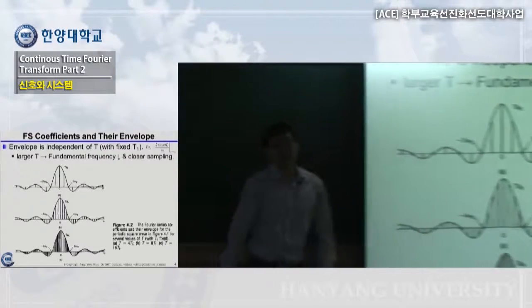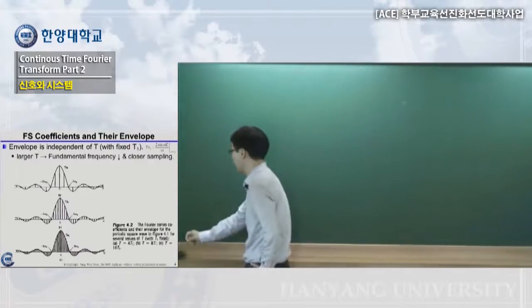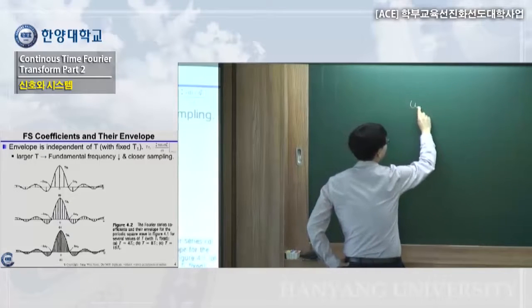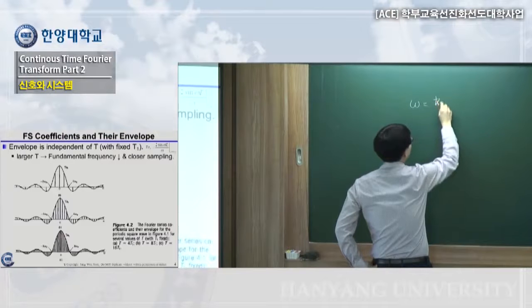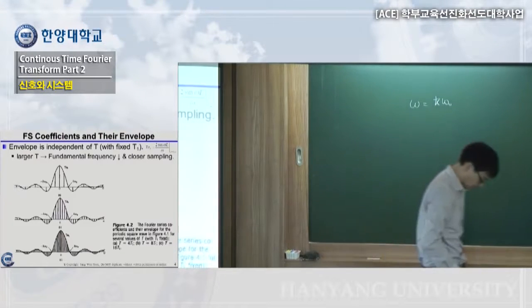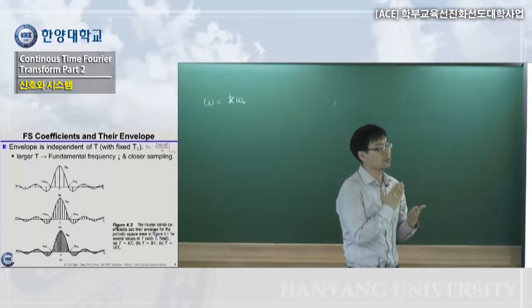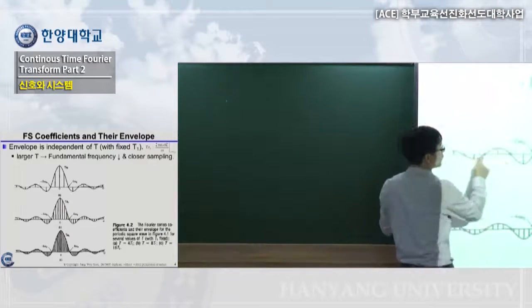For the Fourier series coefficients, remember that here omega equals k omega 0. So here we have T a_k, which is the whole signal.